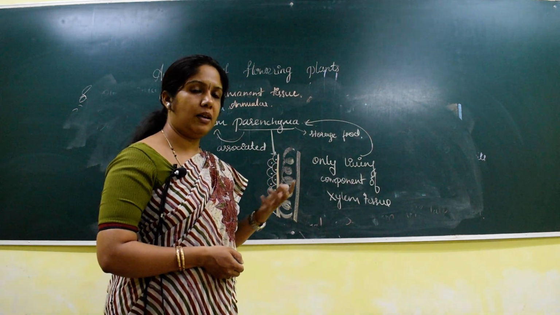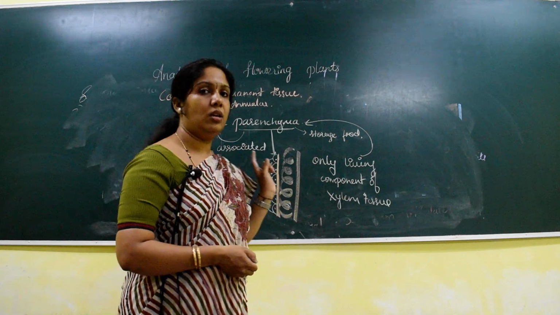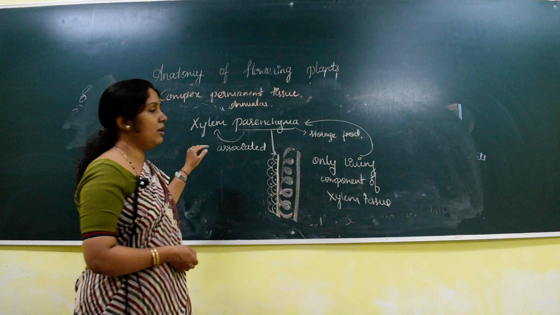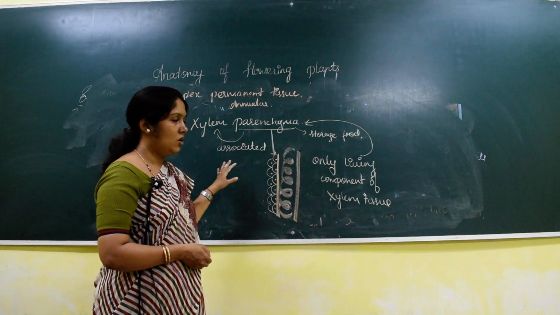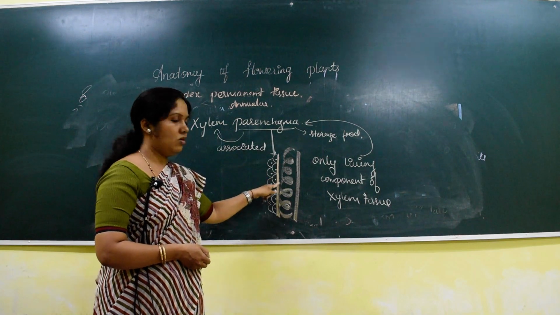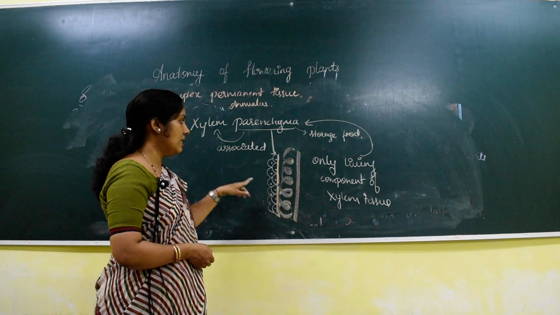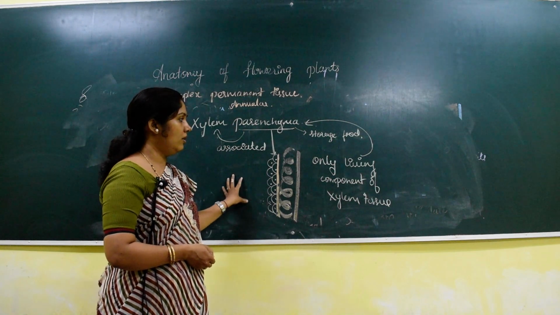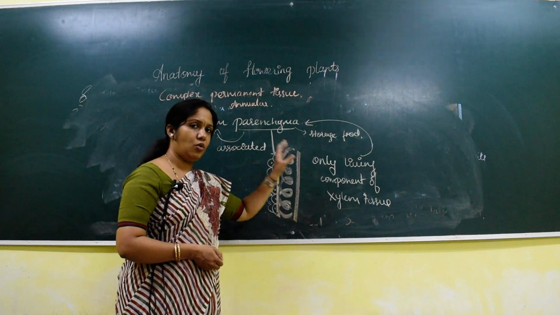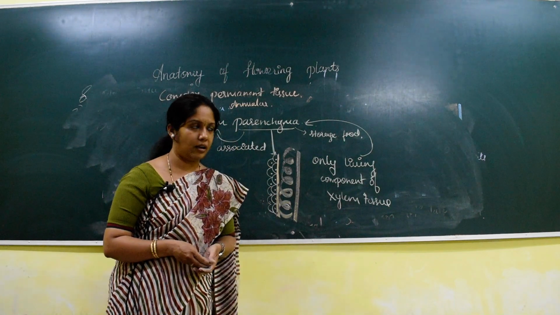If you write only parenchyma, it is not a suitable answer. So you have to write: xylem parenchyma is the only living component of the xylem tissue. The parenchyma closely associated with the tracheary elements is called xylem parenchyma, which is mainly involved in storage of food, and it is a living component.